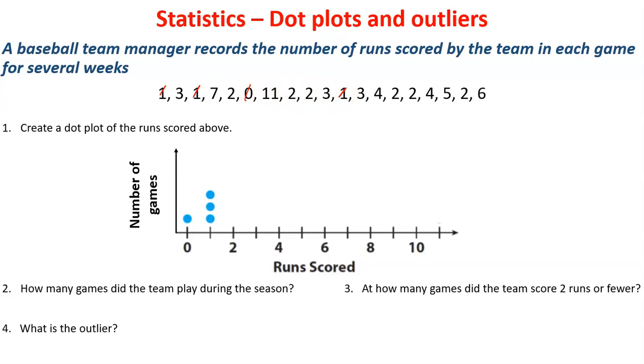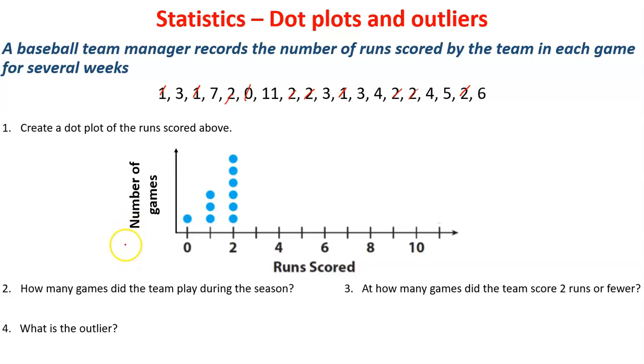How many games had 2 runs scored? We'll go again, same process. We're just going to count how many we've got. We've got 1, 2, 3, 4, 5, 6. So in 6 games, 2 runs were scored. So we're going to put our 6 circles there.